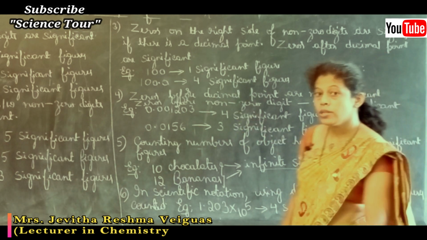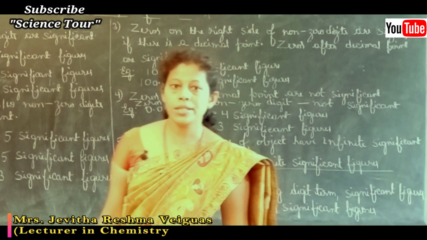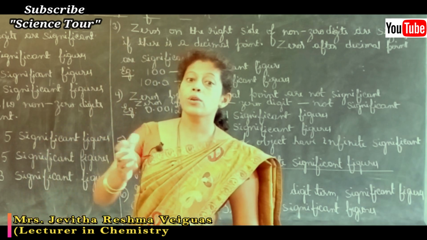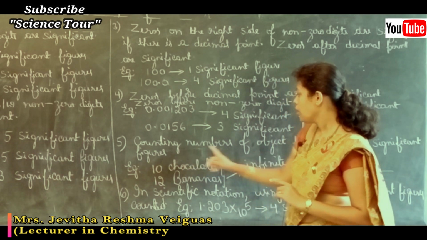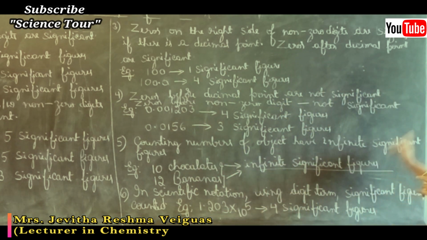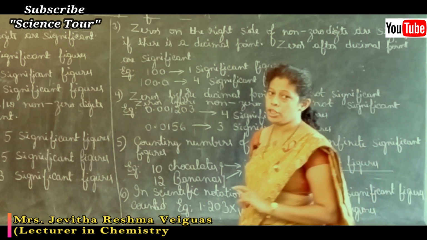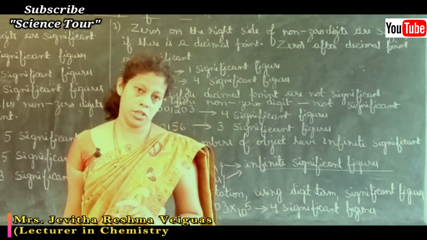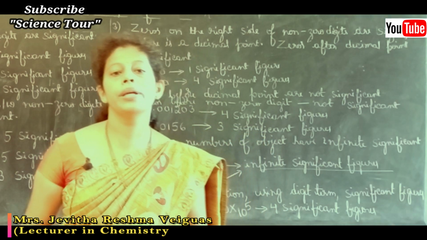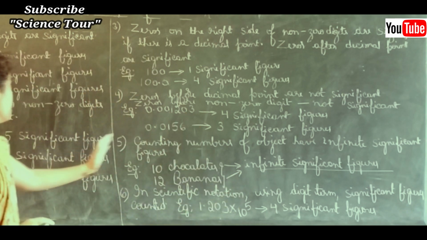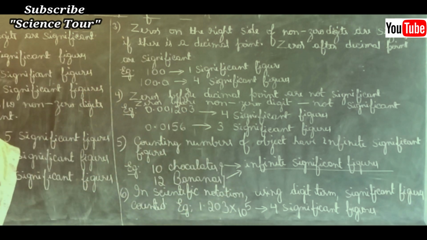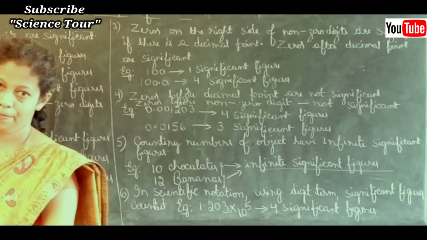Rule number 4, zeros before the decimal point are not significant, zeros before a non-zero digit are not significant. Counting numbers of any object have infinite significant figures, that is rule number 5. And one more rule, in scientific notation, by looking at the digit term, we can find out how many significant figures are present. So this is about the rules to find the significant figures.